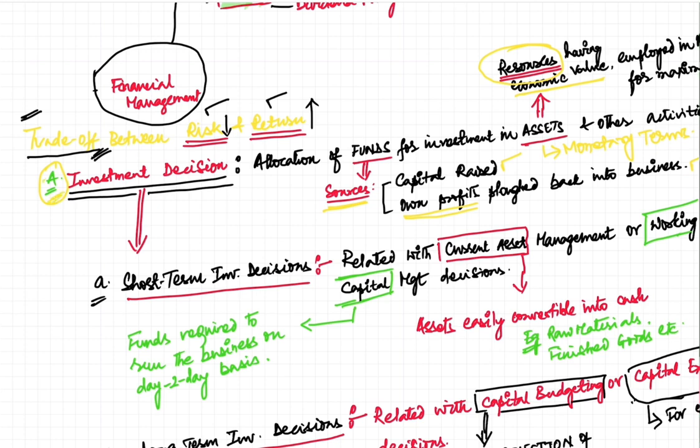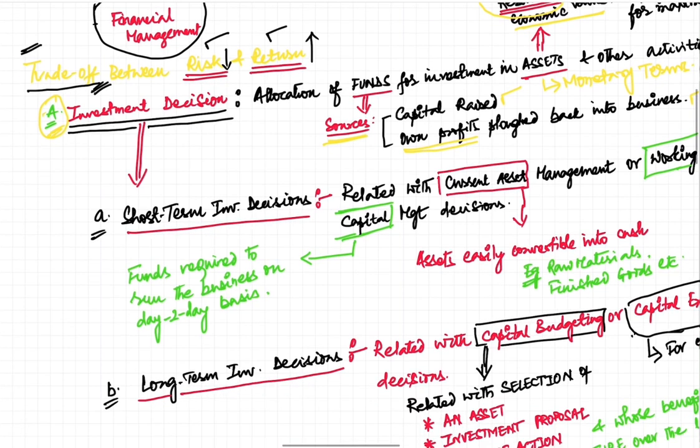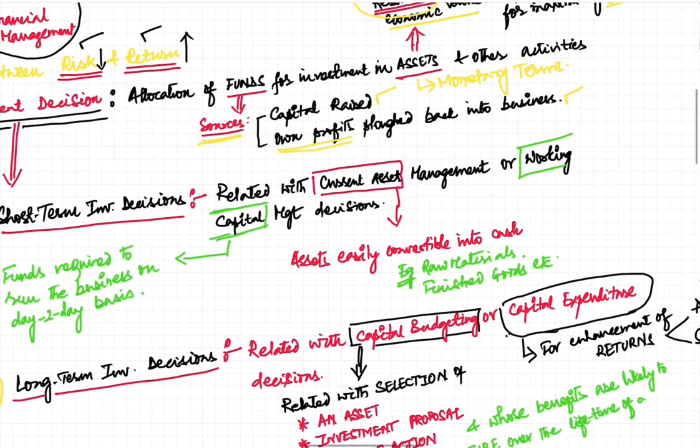Now, investment decisions can be short-term in nature, right? Can be short-term as well as long-term in nature. Now, what are the short-term decisions? They are related with current assets management or working capital management decisions.